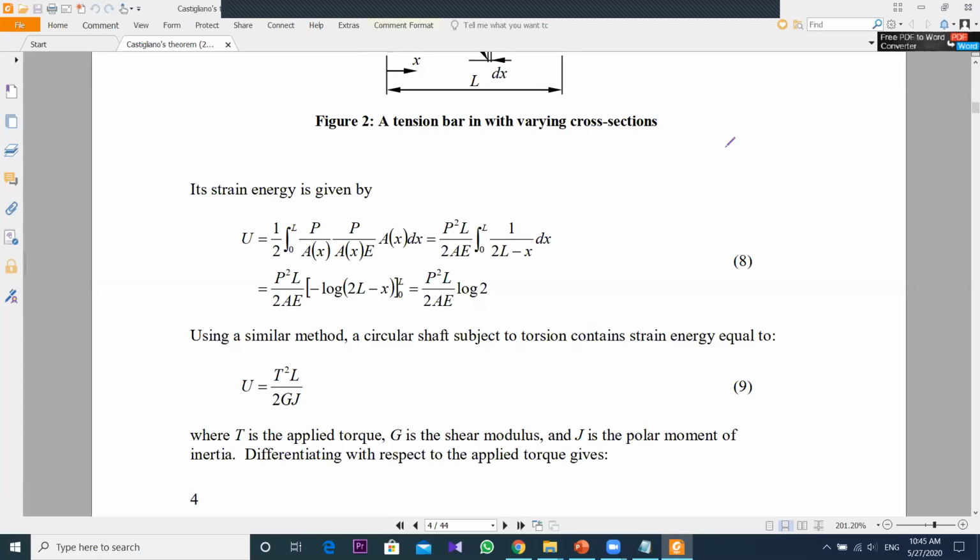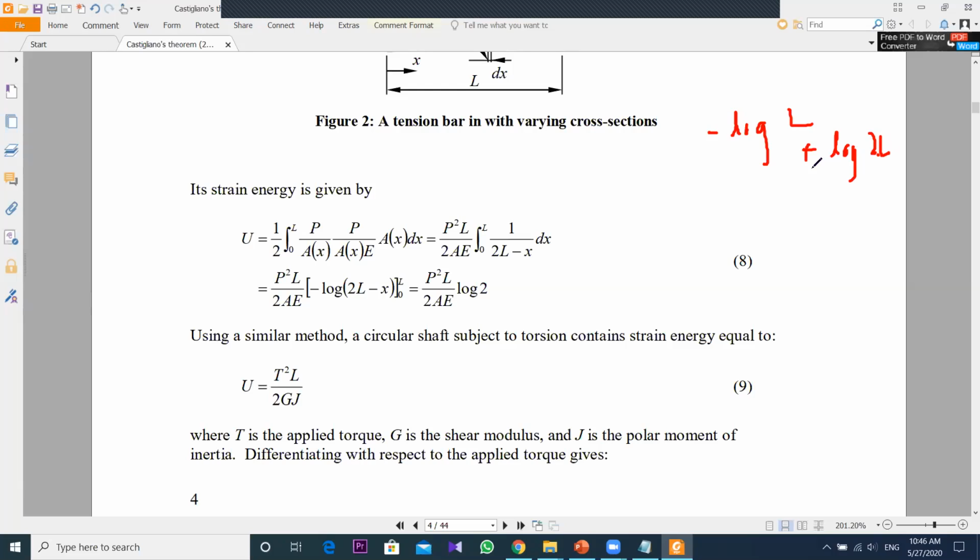So in here, I will write down here. This is log L. After substituting the upper limit, minus this minus, and the minus minus will be plus log 2L with the 0.